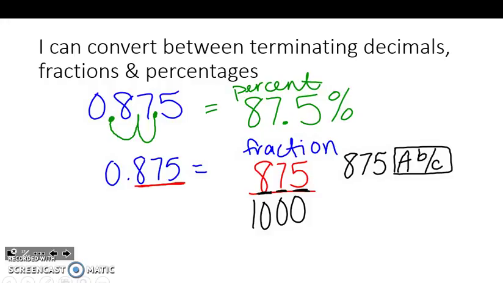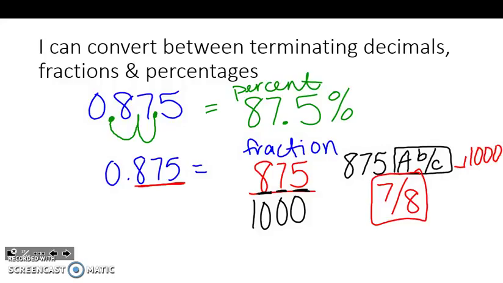Go ahead and type in 875, hit the ABC button, and you're going to get a little thing that pops up like this, okay? And then you're going to type in 1,000, and then hit enter. If that fraction will reduce, it'll show you the reduced fraction. So 7 over 8 is the fraction answer for this problem.